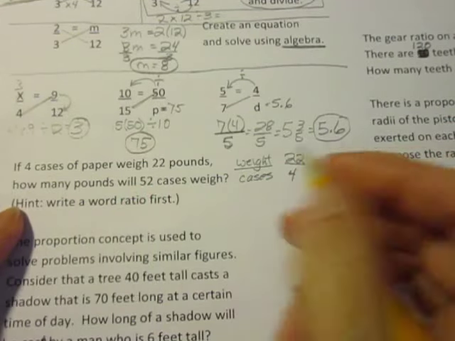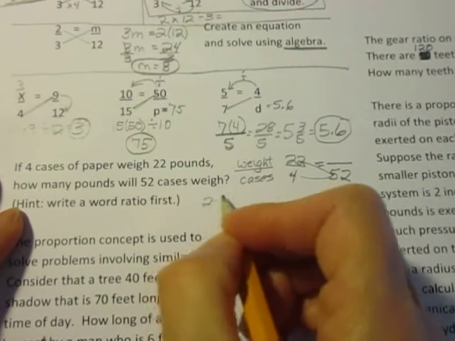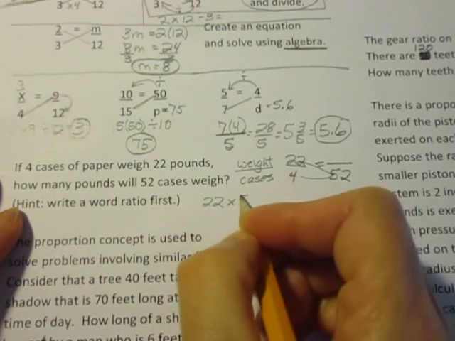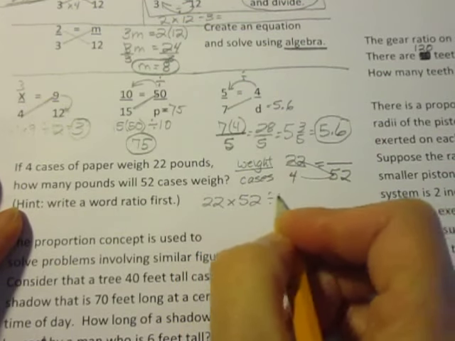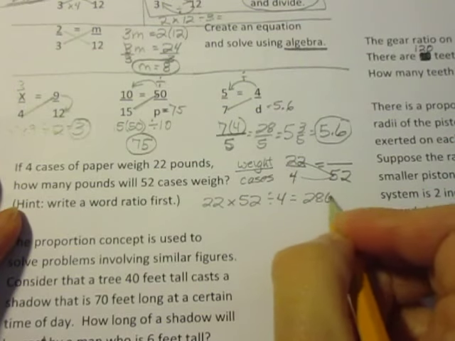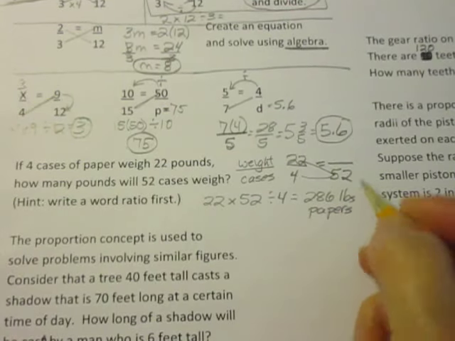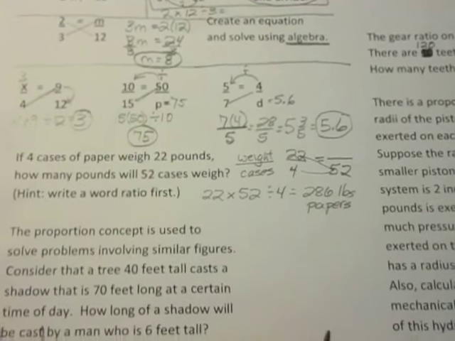In your calculator, you would cross multiply and divide. So you'd punch in 22 times 52, divide by 4, and you should end up with 286 pounds of paper. That's why we need those skid loaders or whatever to load those heavy cases of paper.